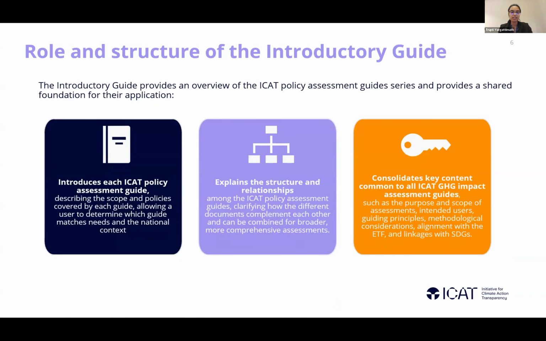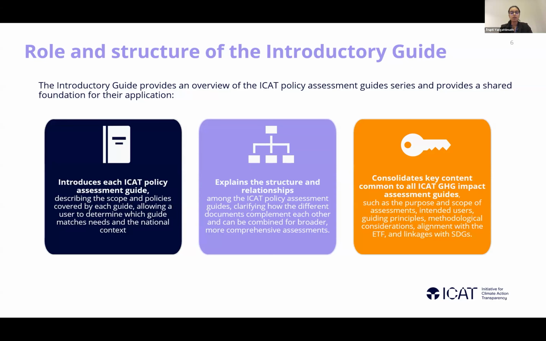So, in a nutshell, the intro guide provides the overall framework for understanding and applying the assessment guides. And it also gives users the overview of the full series of the ICAT assessment guides and provides a common foundation that can be used. Specifically, it introduces each policy assessment guide, outlines its scope and the types of policies it covers, and this can help users to identify which guide is the most relevant given their national context.